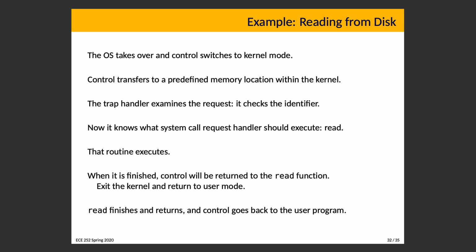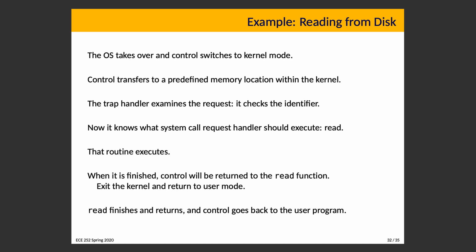So if read has an identifier of, making up a number entirely, 5, when the trap handler wakes up, it sees the request is of type 5, and then it knows what request handler should execute, the one that corresponds to read from a file. That routine will then execute. It takes however long it takes, and when it's finished, control is returned back to the read call within your program, and then there's a return statement in there, and your program continues executing.